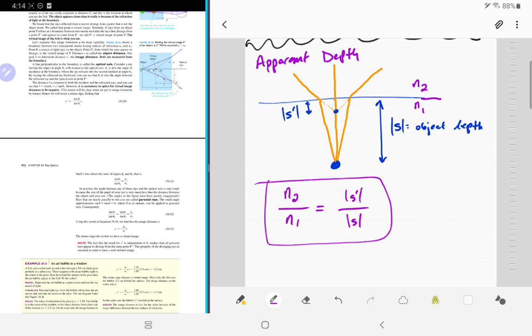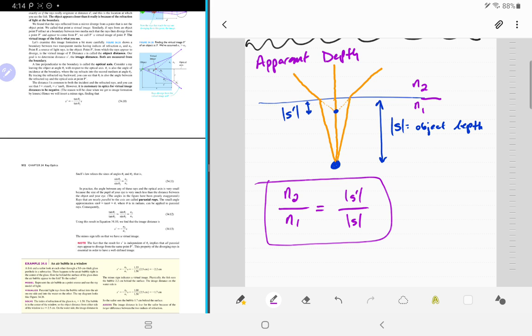And then if you ever see a toilet bowl where the water isn't in, it looks a lot deeper. Looks 1.33 times deeper than what you're used to. And the reason for that is the water makes it look like it's not as deep as it actually is. So that's probably the most common example where you can see the difference right away. But I'm sure other non-potty examples exist.